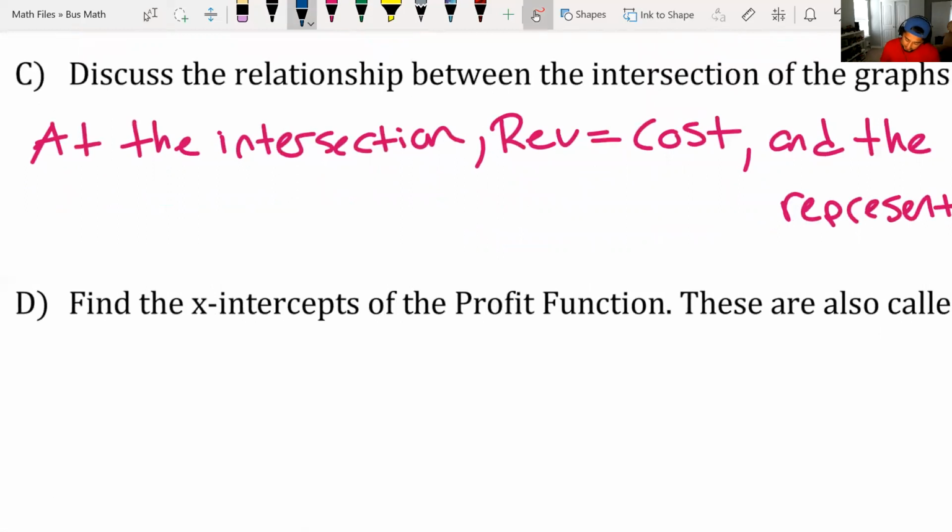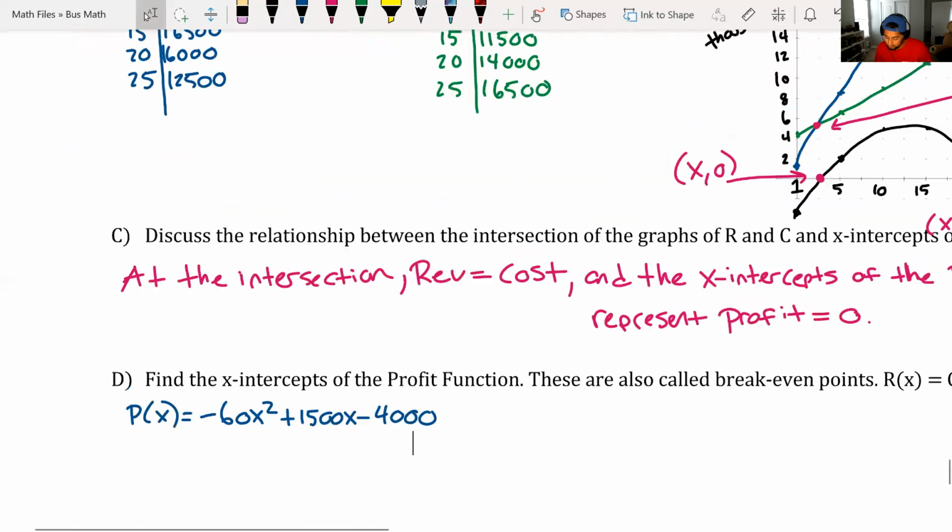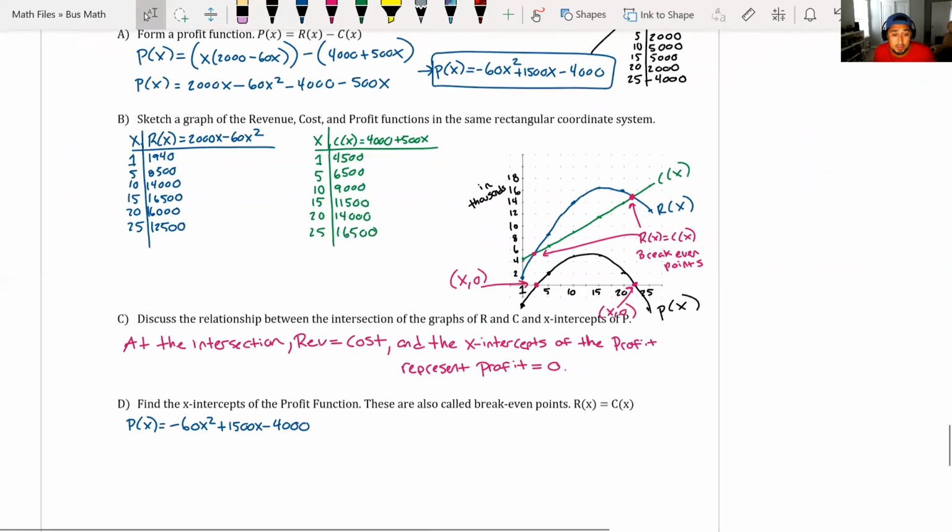So let's get the profit function back. P of x is negative 60x squared plus 1500x minus 4,000, right? Okay, well, to find x-intercepts, we let y equal 0. In this case, y is the function P of x.